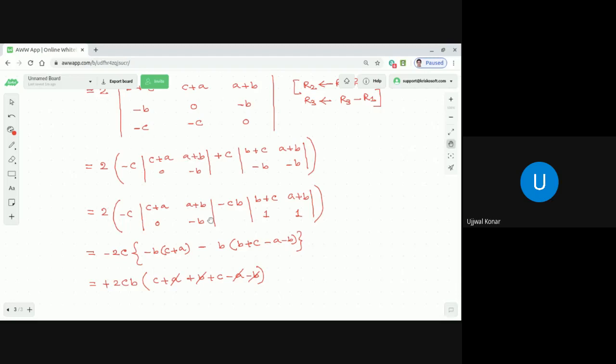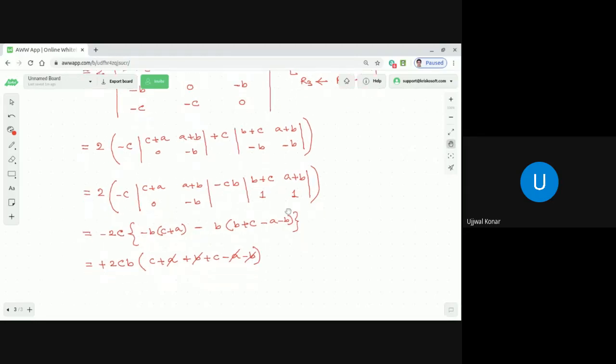Then from these two we took minus C common. The moment we took minus C common, this should be plus. Correct? So in the last step, a mistake happened.